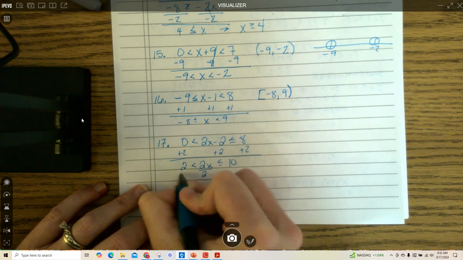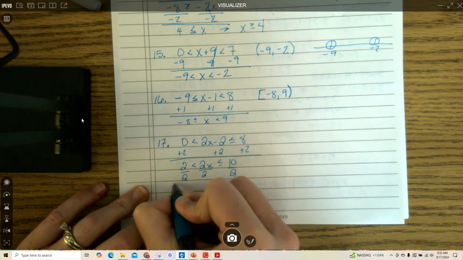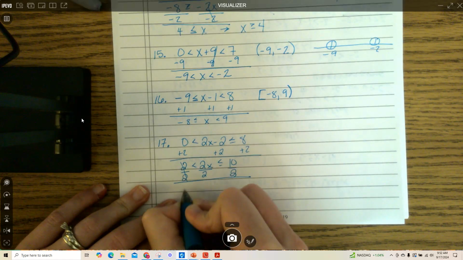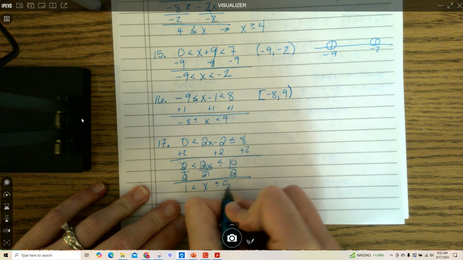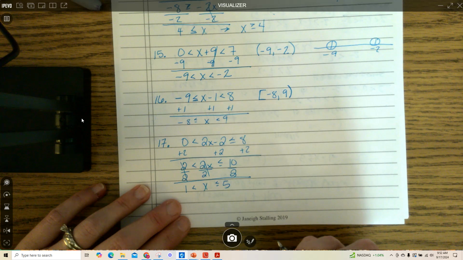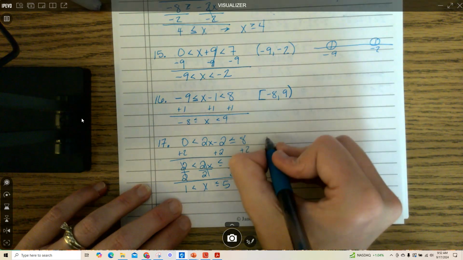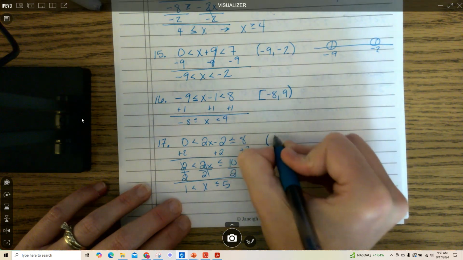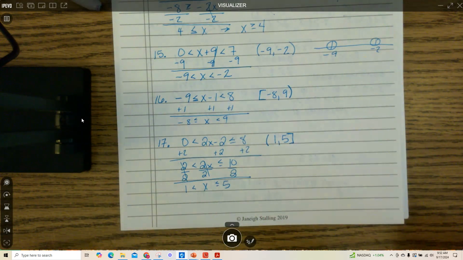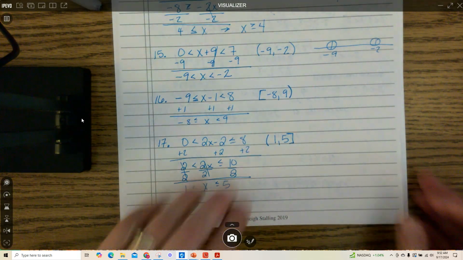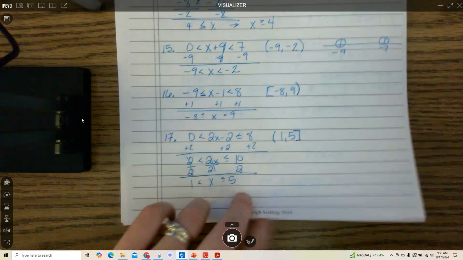And then everything gets divided by 2. So that's a 1. That's a 5. So parentheses 1 comma 5 bracket. Yeah, you did pretty good.